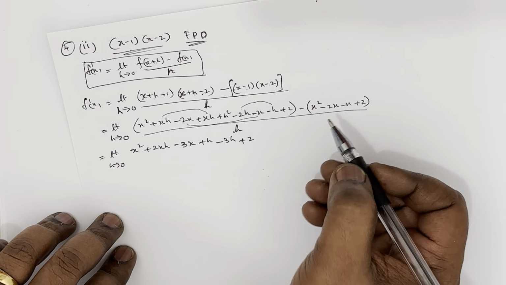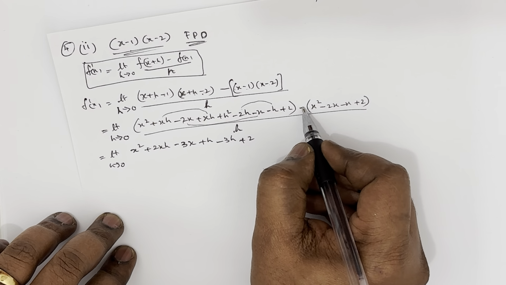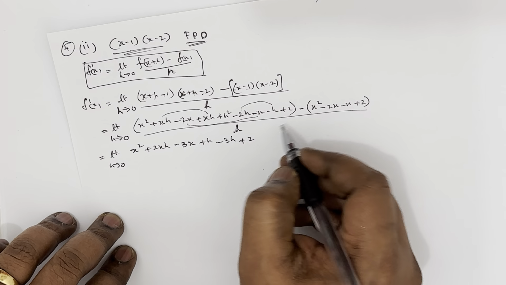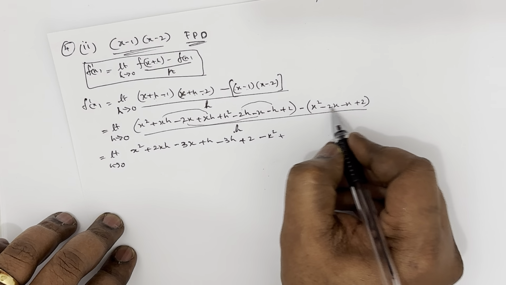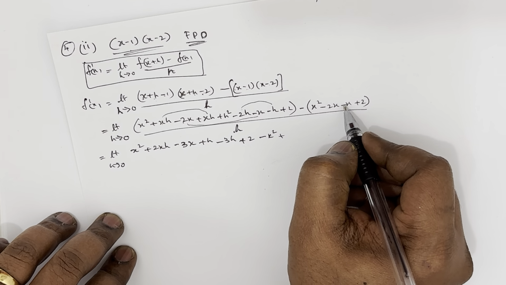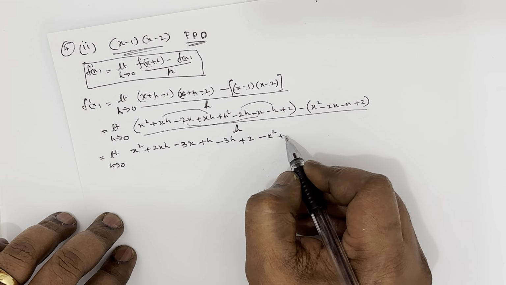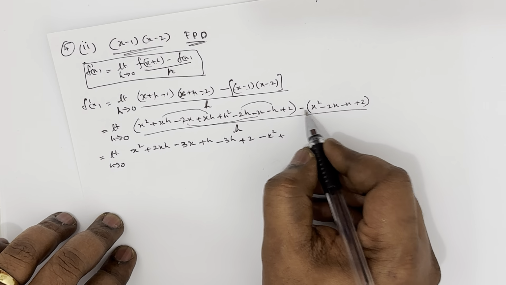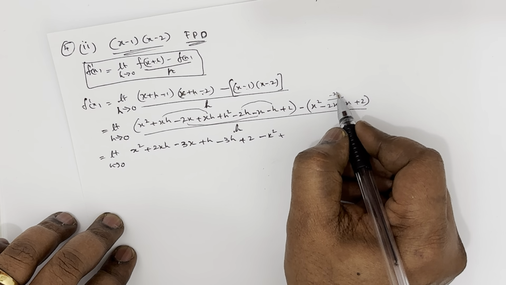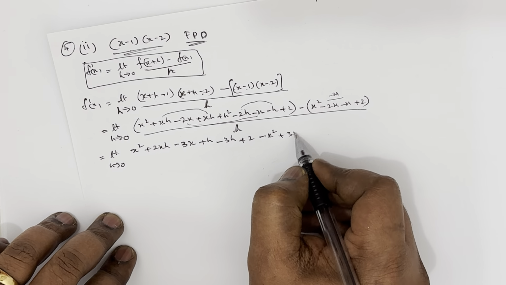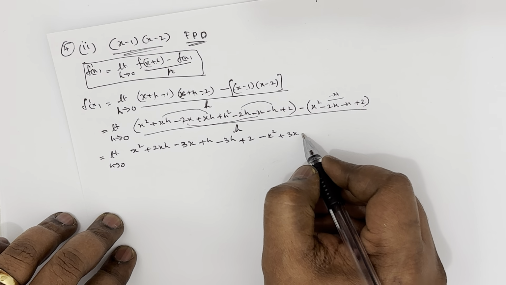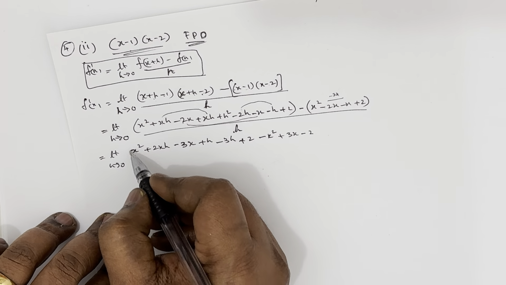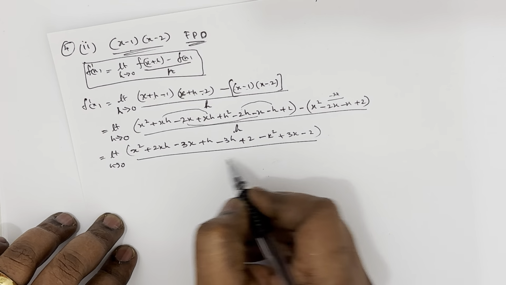That's it. Now this negative will be multiplied inside, so it becomes minus x square plus 3x. Minus 2x minus 3x will become minus 3x, so this will be minus 3x, and it becomes positive 3x, and minus and plus will be minus 2. Whole upon h.